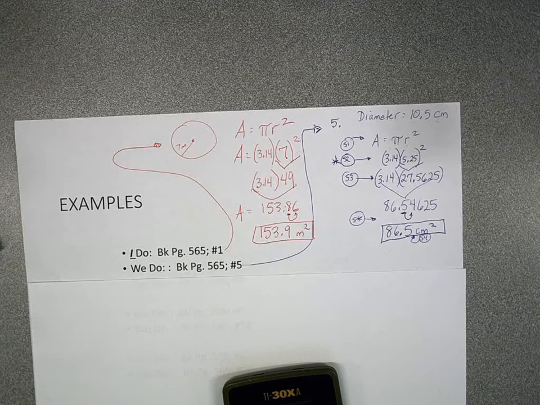All right, questions? On our homework, do you want us to use 3.14 or the pi symbol on our calculator? Okay, so I'm actually pretty lenient on it. As I'm looking at the key in the book, they give us 86.6 square centimeters, so that tells me that they're using the pi key whenever they built the key.